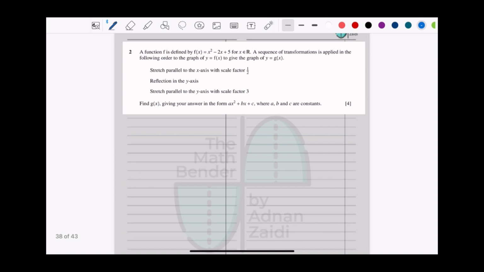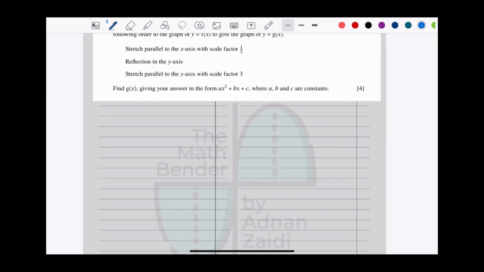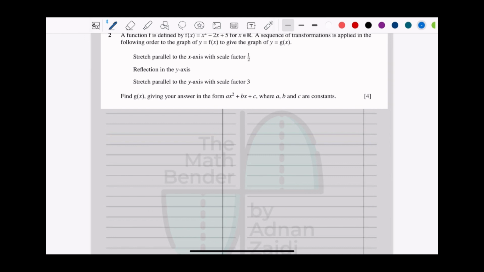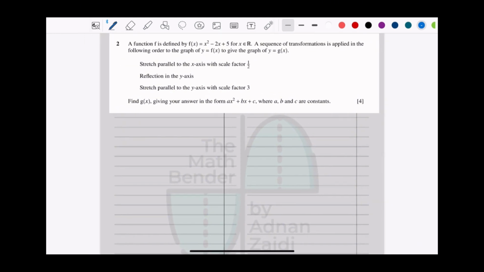So a function is defined by this, and a sequence of transformations is applied in the following order. First, stretch parallel to the x-axis with a scale factor of 1 over 2. f of x is equal to x squared minus 2x plus 5.